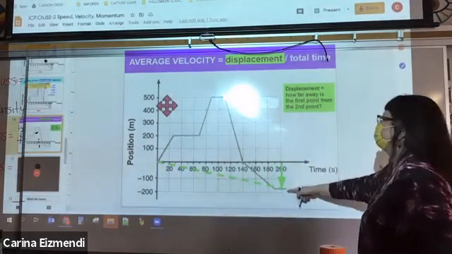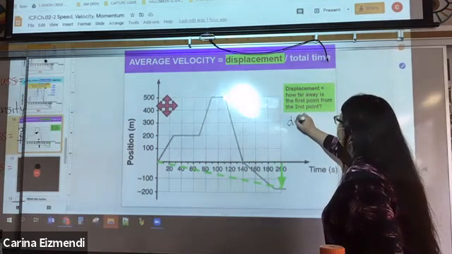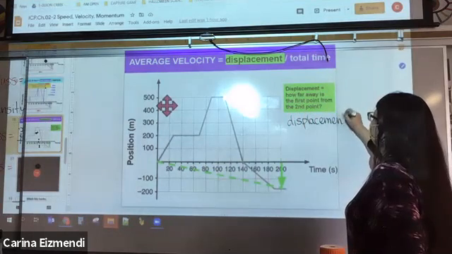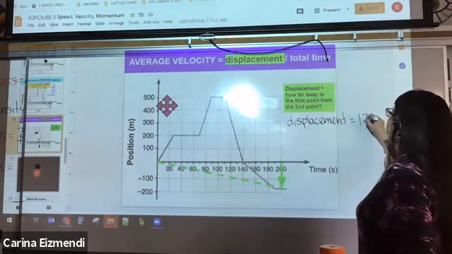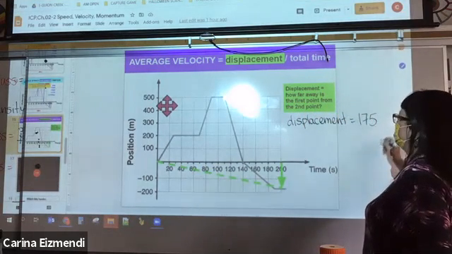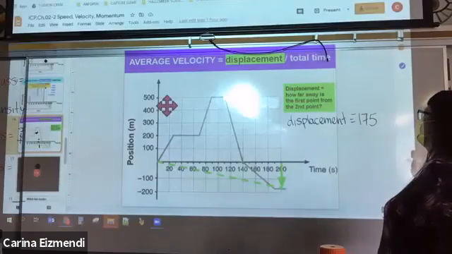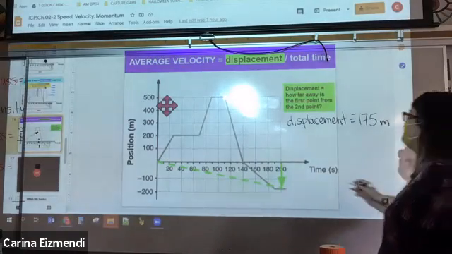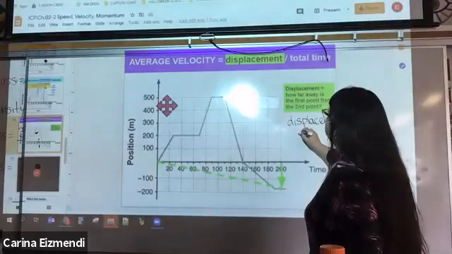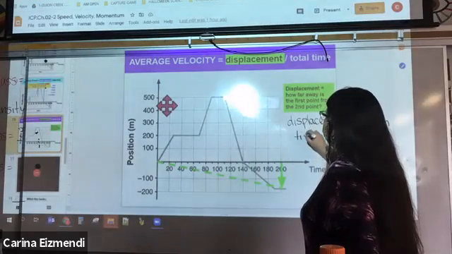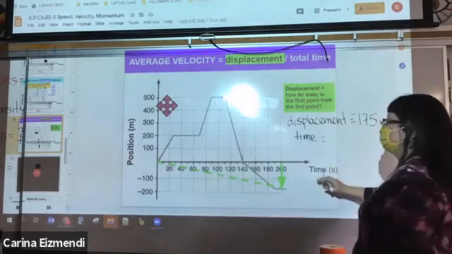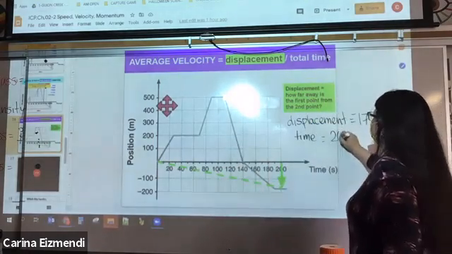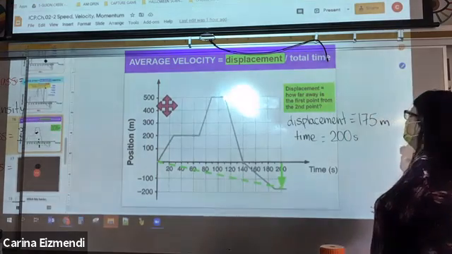So displacement equals 175, it's really negative 175 meters. Okay, and then the change in time, or the total time, equals, well, it's 0 to 200, so that's 200 seconds.